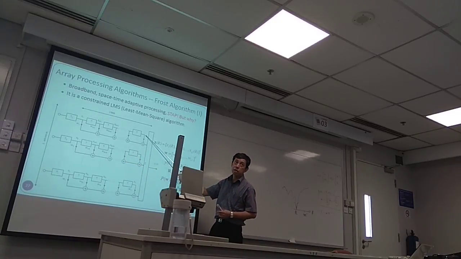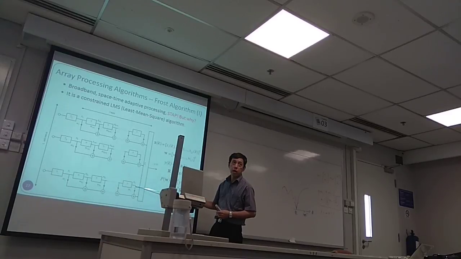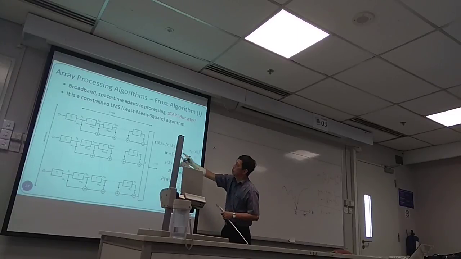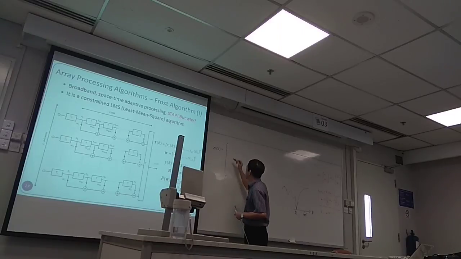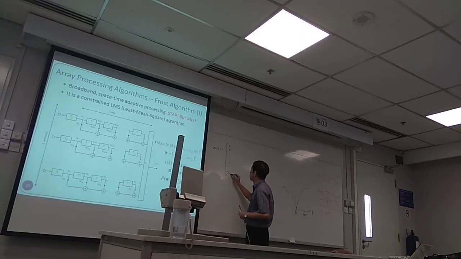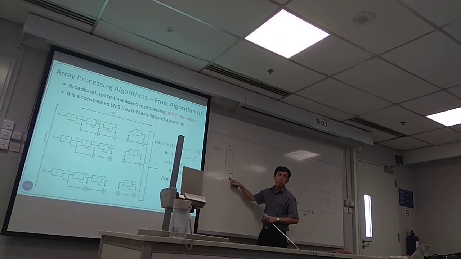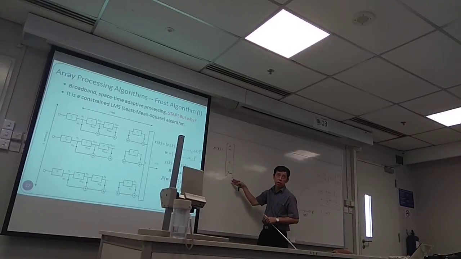Then you have x91, x92, up to x100. So the vector x at instant k is given by x1, x2, up to x100 if you have 10 antennas and 10 taps. That's the meaning, and x here is a column vector.